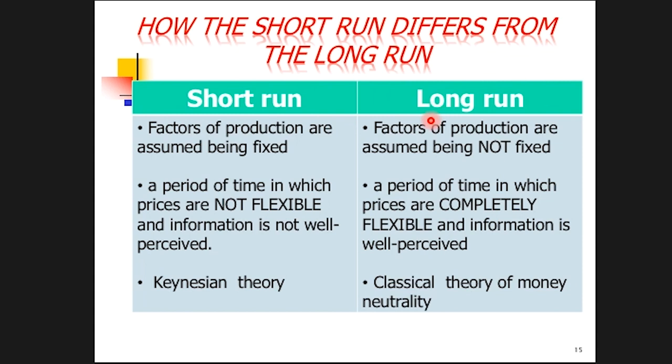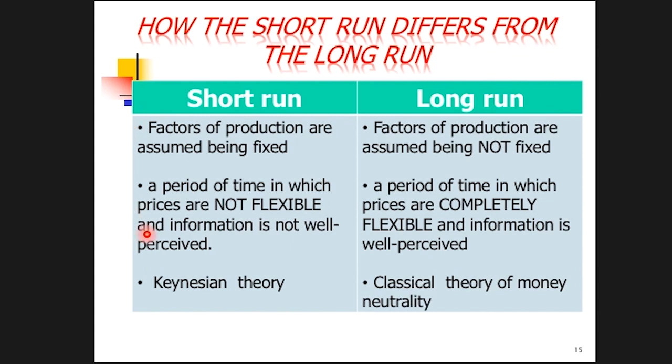So in the long run, factors of production are assumed to be flexible, not fixed. And second, in the short run, the price is not flexible and information is not well perceived by both seller and buyer.